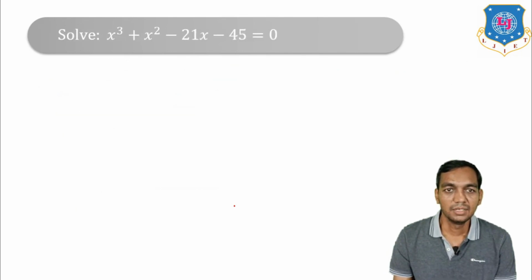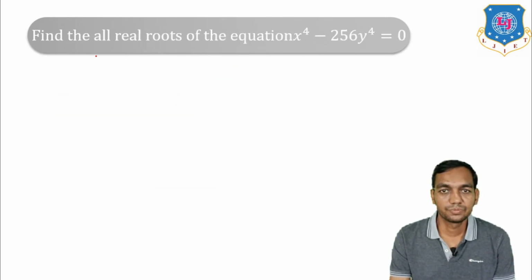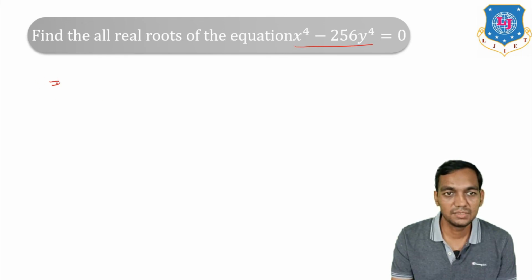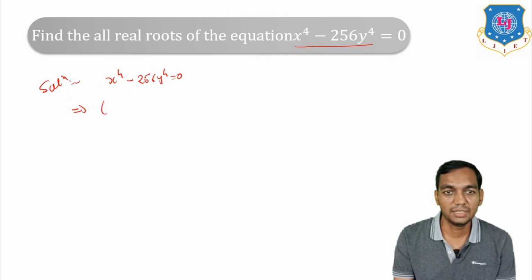Done. Okay. So now here we have written find all real roots of the equation. So if you are starting with a solution, then we have x raised to 4 minus 256 y raised to 4 is equal to 0. So you have to factorize. 256 is the square of 16, correct?